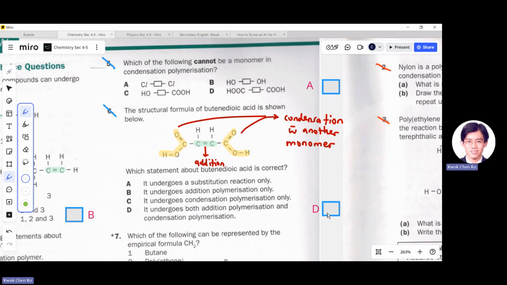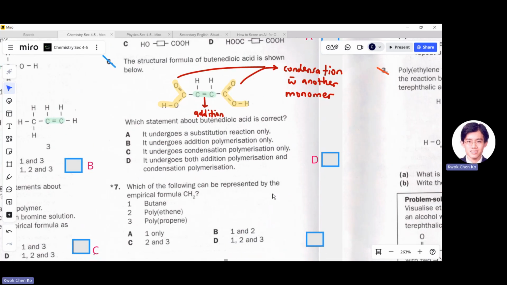So this particular molecule has a possibility of forming two different types of polymers. It's possible. Seven, Arena. Okay. No, I hope no issues.